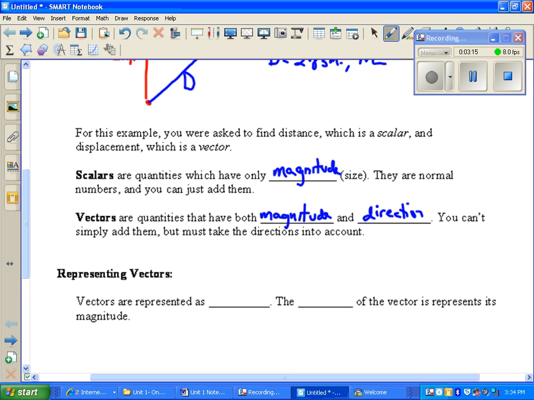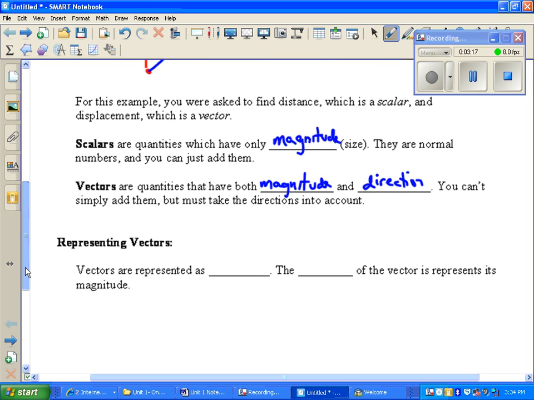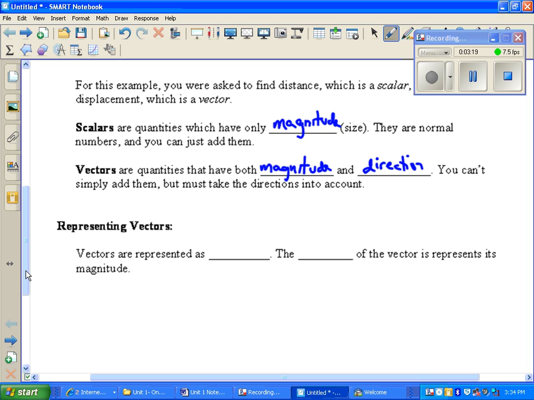I have to try and figure out what it is. In the case we did, we could just use the Pythagorean theorem. Now, I represented those as arrows because arrows can represent both the size and the direction. Okay, and the size of the arrow represents the magnitude. So my 2 arrows were the same length, it was 2 miles and 2 miles.